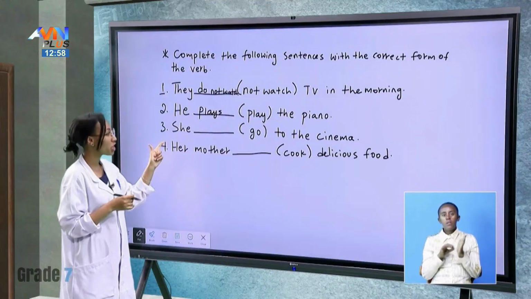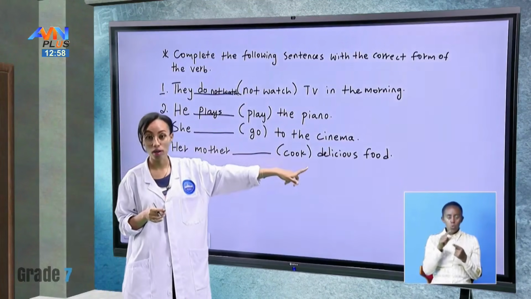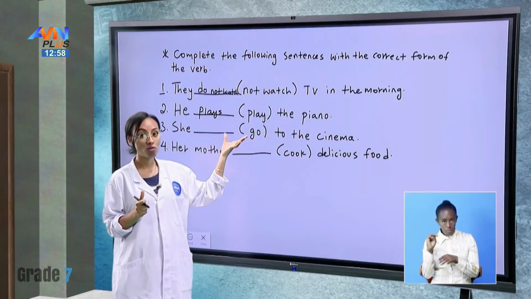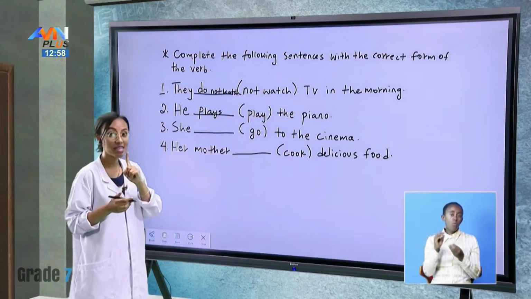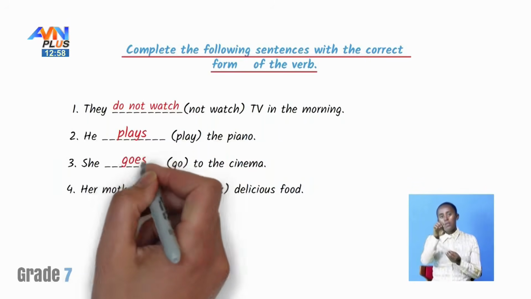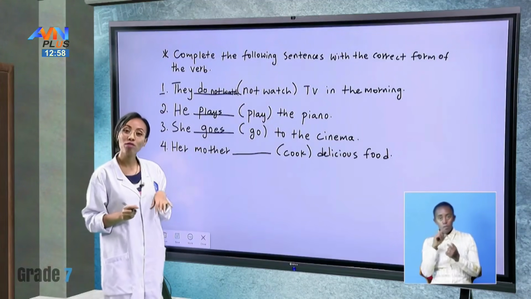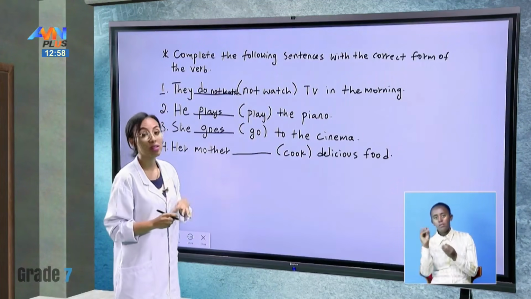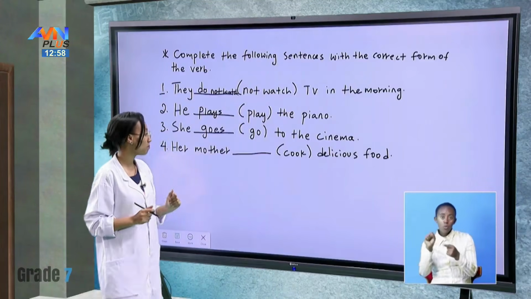Number 3, she, again, like he. She go to the cinema. So we are going to add es because verbs that end with o often take es in the simple present tense. So she goes to the cinema.